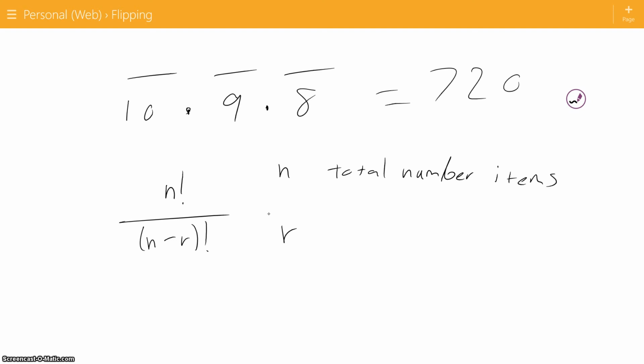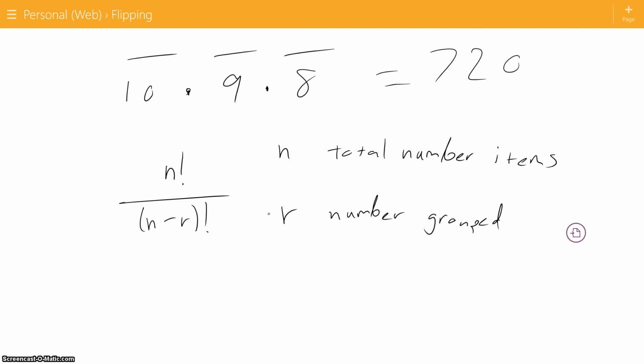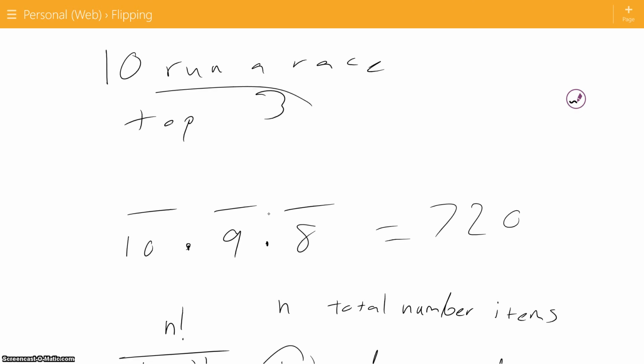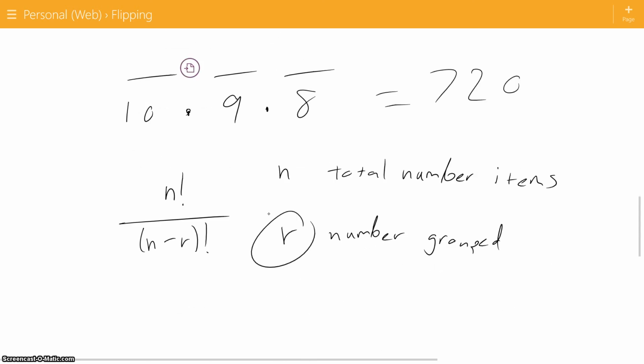And then r is our number, I'll say grouped. I like to say r kind of rank, but there's another reason we're going to use r for in a little bit. But this is the special number that we're pulling from. In this case, we said that we're looking for our top 3, so that's going to be our r.